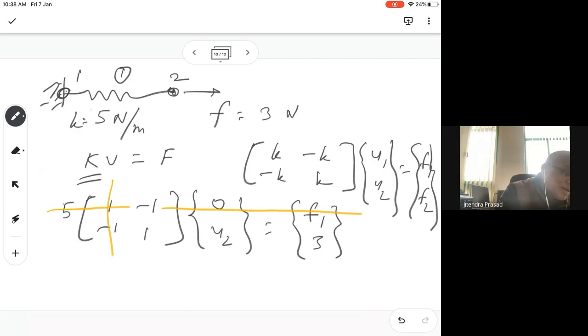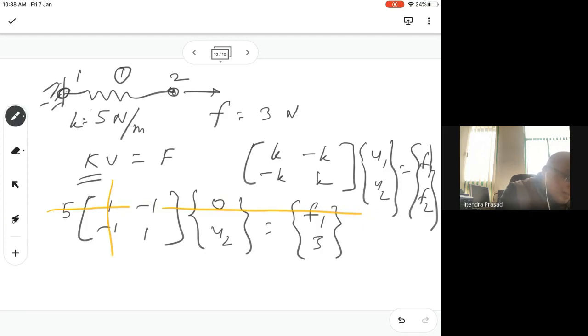We will use the remaining one. Wherever you have 0 in displacement, that row and the corresponding column go away, and what remains is just this.